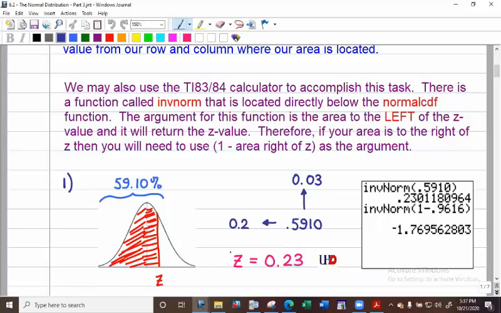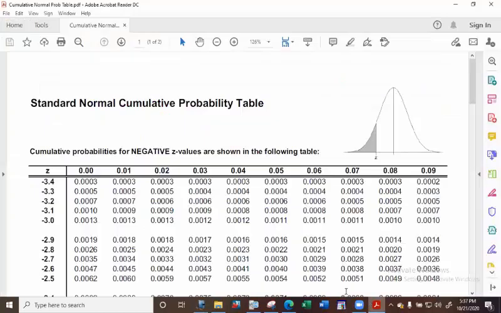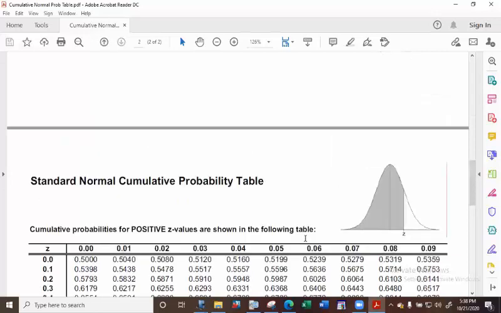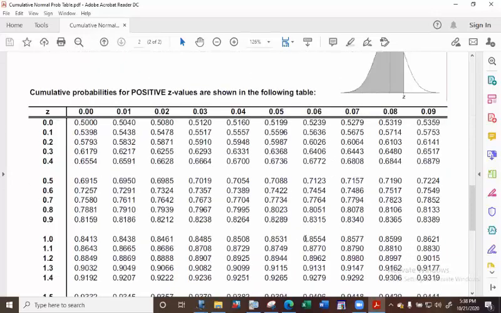And let's see. So if we go to the chart, instead of looking up the z, we are actually going inside the chart, on the positive side, and I'm trying to find 5910 or the closest thing to it. We'll talk more about that too, but I did these intentionally where they would be exactly on the chart. So I go inside the chart and I find it right there.